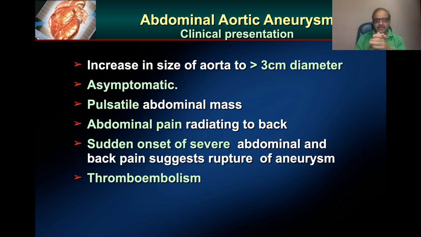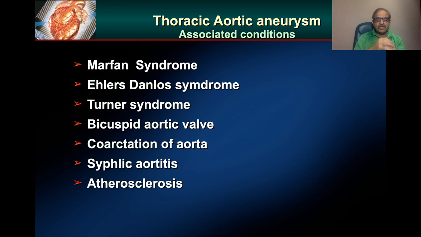And then, because the aortic segment is dilated, there is stasis within the aortic segment, and then it may lead to thrombi formation and with subsequent embolic phenomena. Thoracic aortic aneurysms are usually associated with Marfan syndrome.